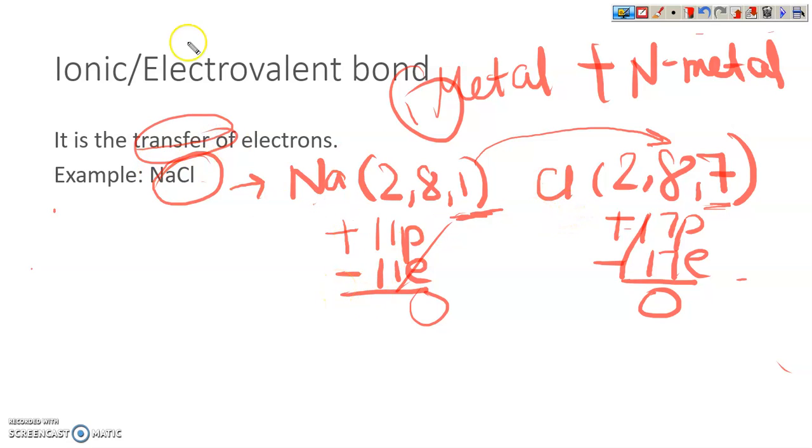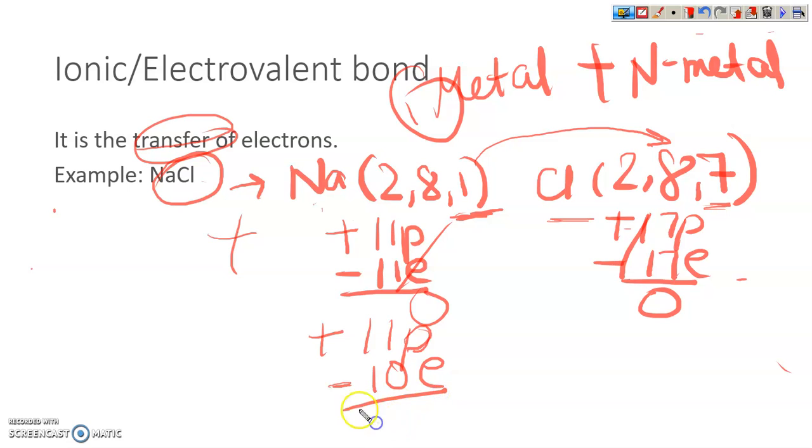Now, when sodium loses one electron, you all know that when any element loses an electron, it becomes positively charged. And when any element gains an electron, it becomes negatively charged. So the proton number will remain the same because sodium gave only an electron, and here it will have 10 electrons, so it will have a +1 charge.